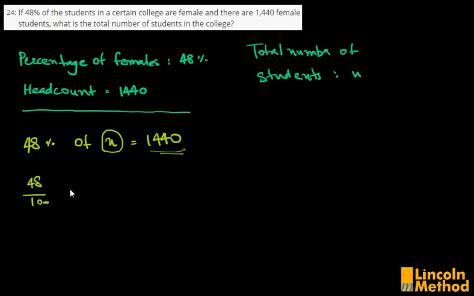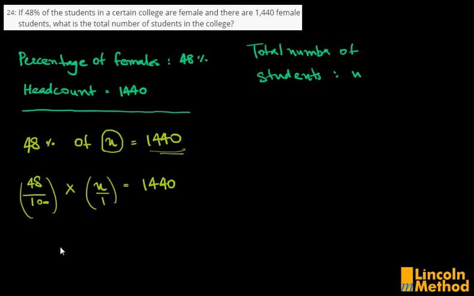So 48 parts out of 100 multiplied by x equals 1440. In fact, this isn't a fraction, so I'll make this a fraction. Now it's a fraction, so 48 over 100 can be multiplied by x over 1.